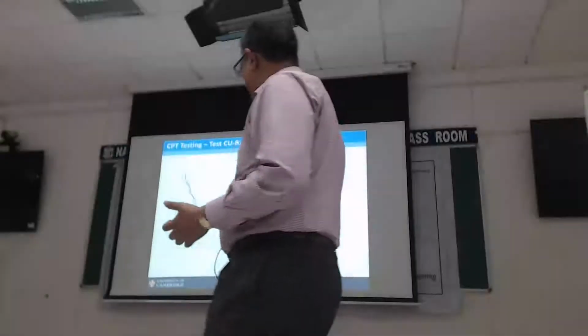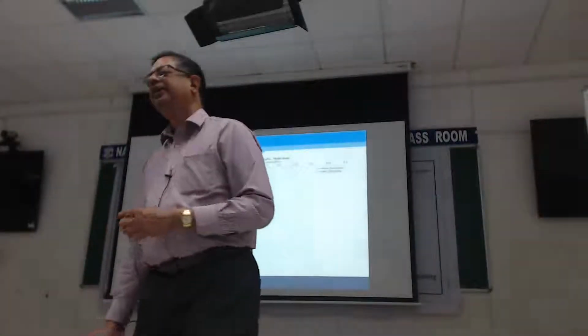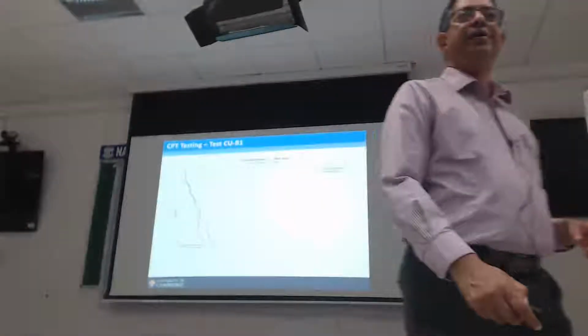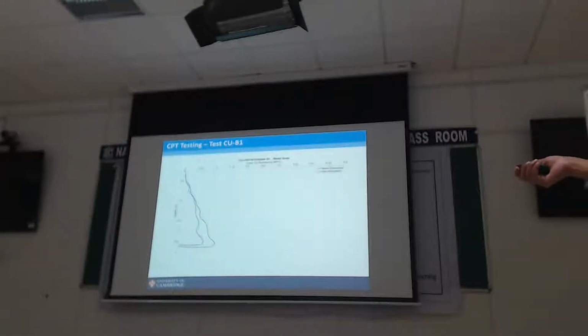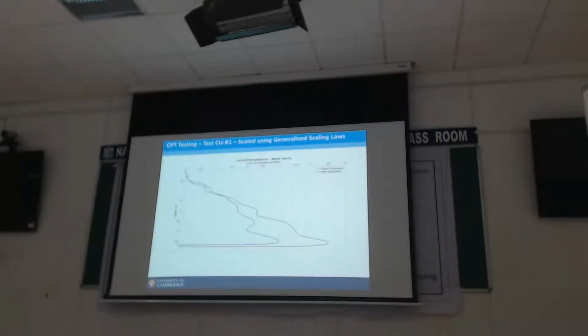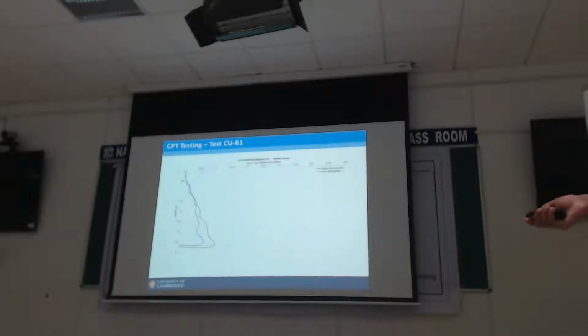That is completely understandable. What I'm going to do now is to scale this axis using the scaling law, just like the other one. It's now made it jump from being almost no strength to that.